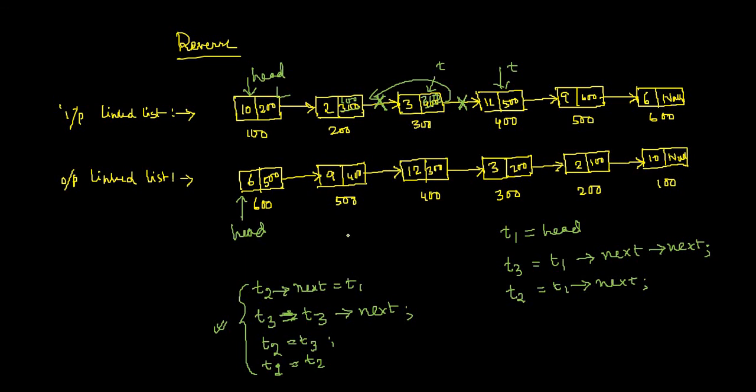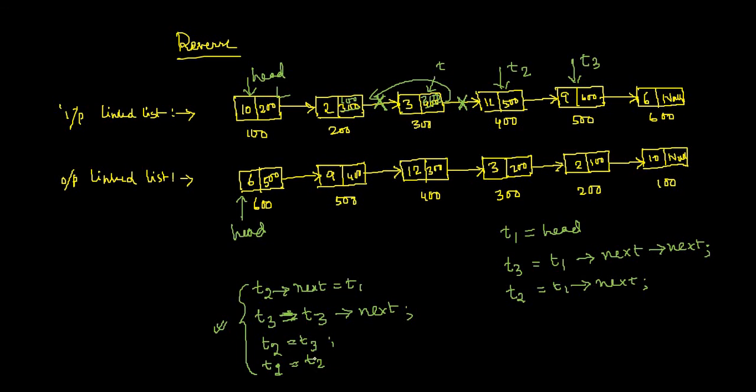And due to this line, T3 equal to T3 next, after connecting this third node with the second one with respect to the input linked list, T3 equal to T3 next will execute. So now T3 will come here because T3 was previously here. So T3 will traverse to here, and then T2 equal to T3. So now this will become T2.